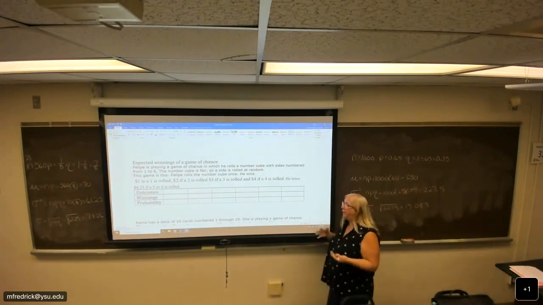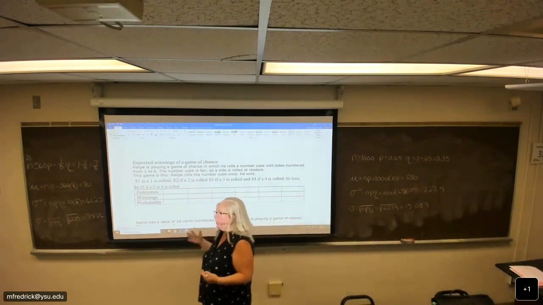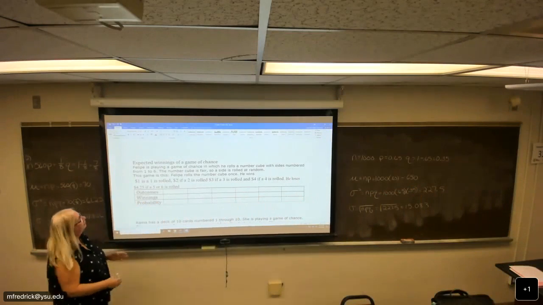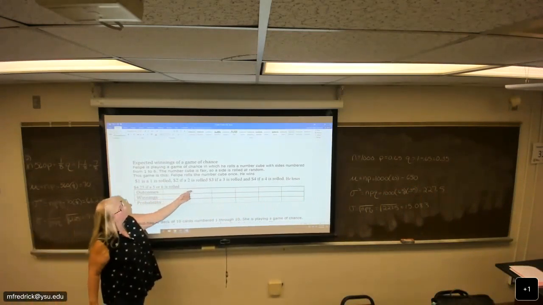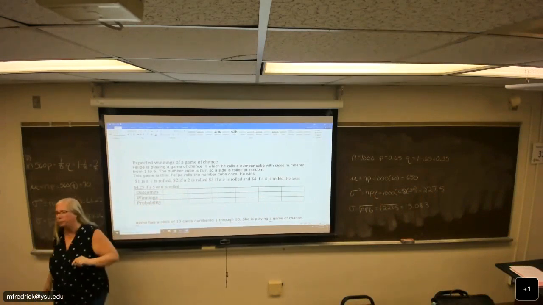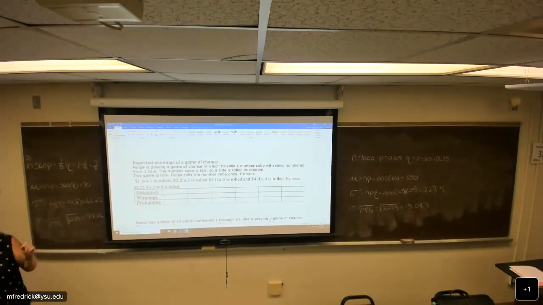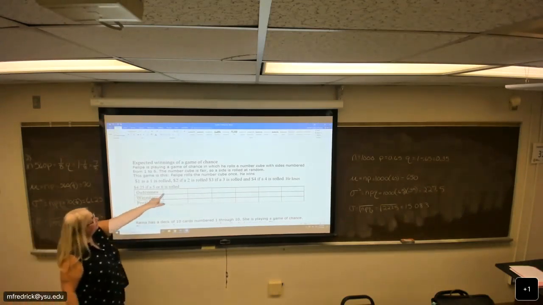So when you're finding an expected value on a game, as long as it's a game by chance, you put your outcomes. What are our outcomes if we're rolling a die and looking at the face-up value? 1 through 6.